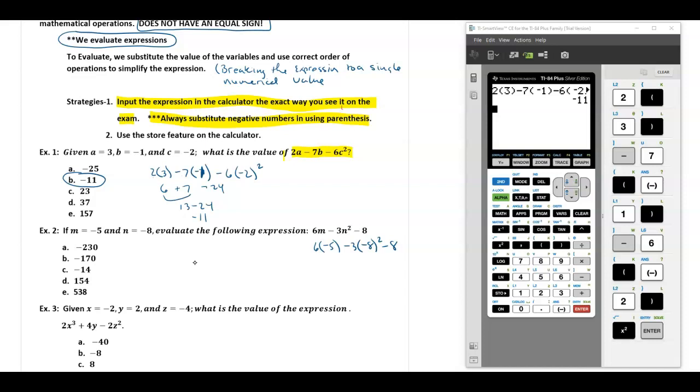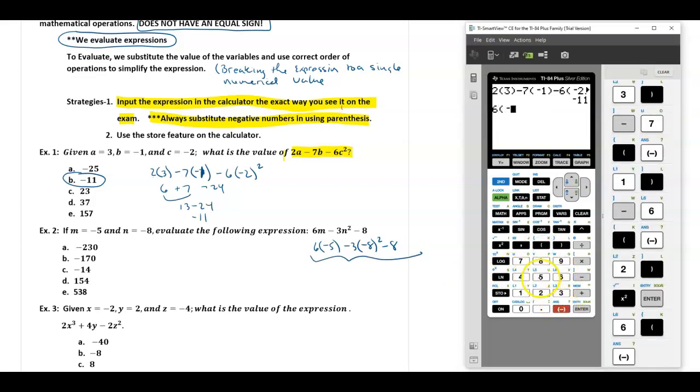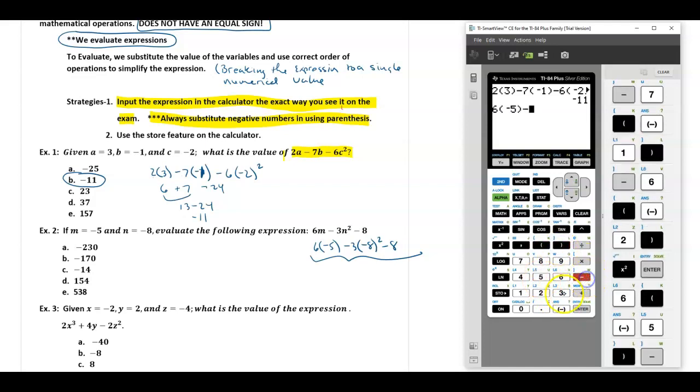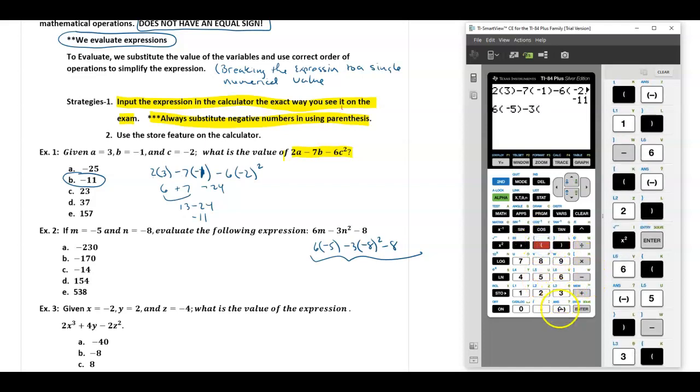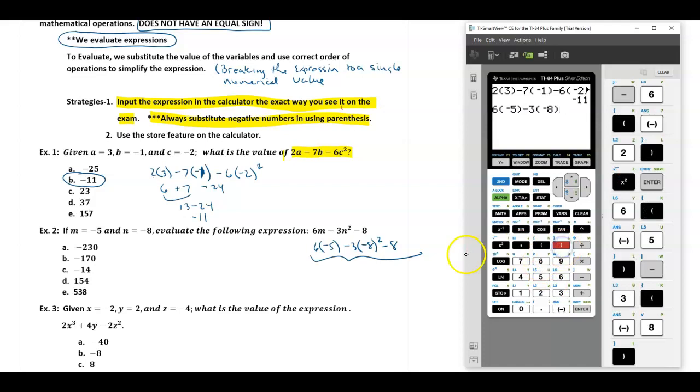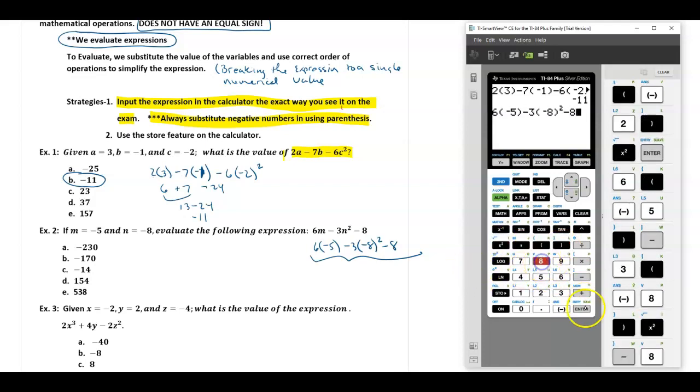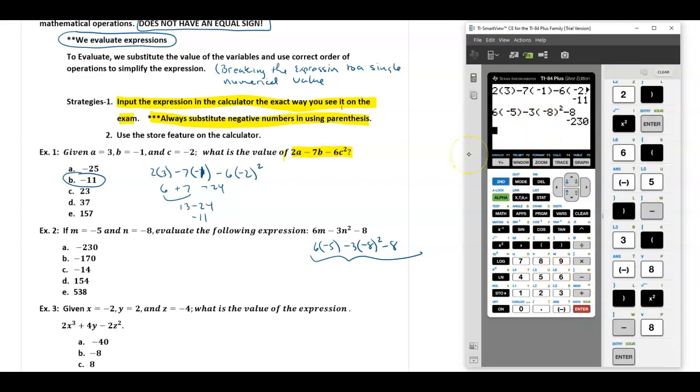Now again, I could do this by hand, but if it's a calculator problem, I'm just going to go here and plug it in exactly the way I see it here. 6, open parentheses, -5, minus 3 times -8. Now it's all to the second power, minus 8. When I hit enter, I get -230, which is letter A.